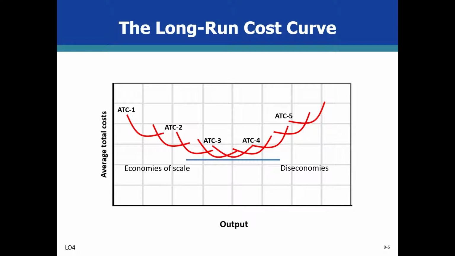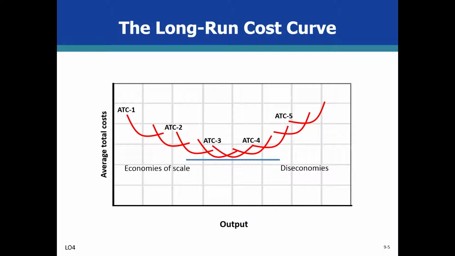This chart represents the various plant sizes that a single manufacturer can implement to increase production over time. Each plant size has a low point on the average total cost curve.